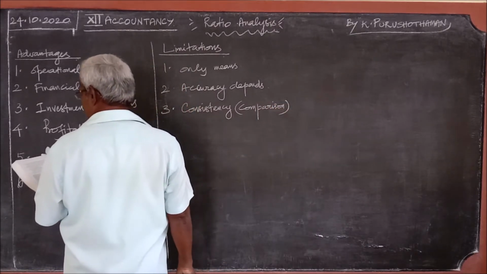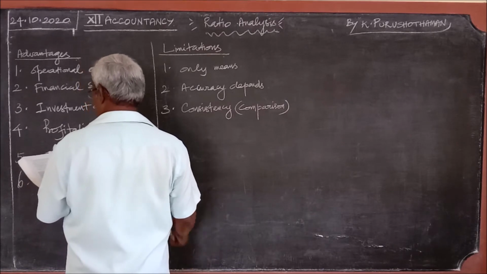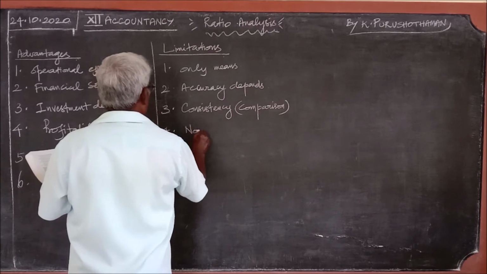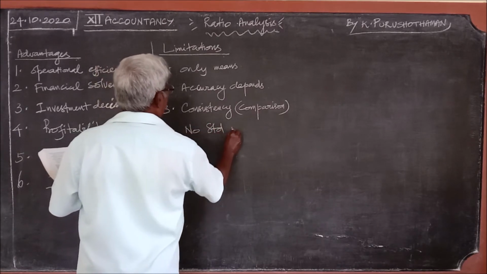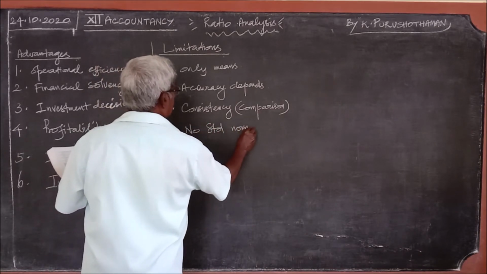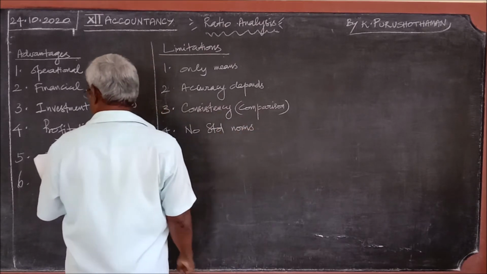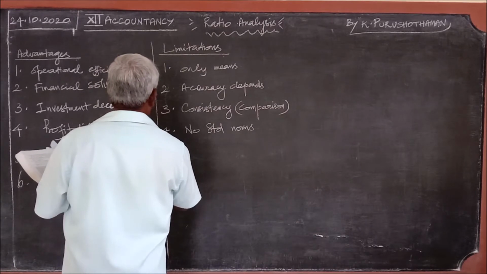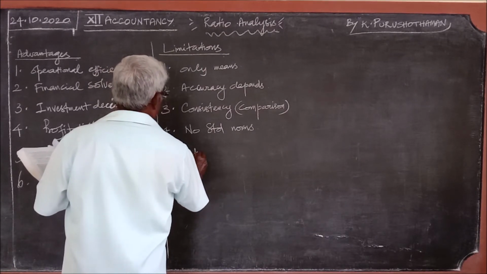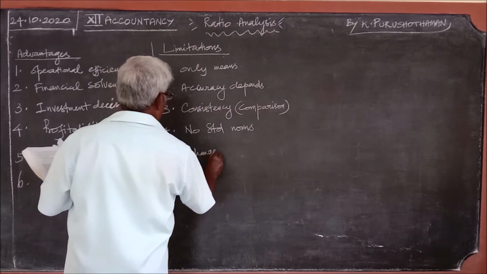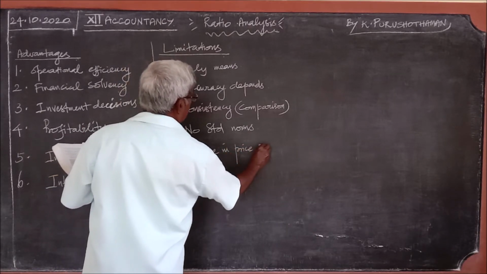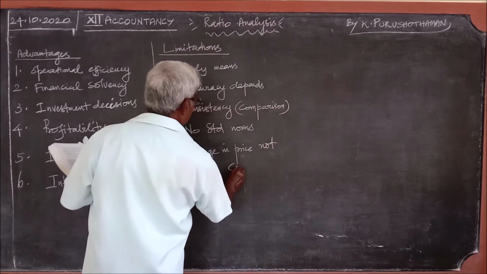Number 4, no standard norms. Then 5, change in price not considered.